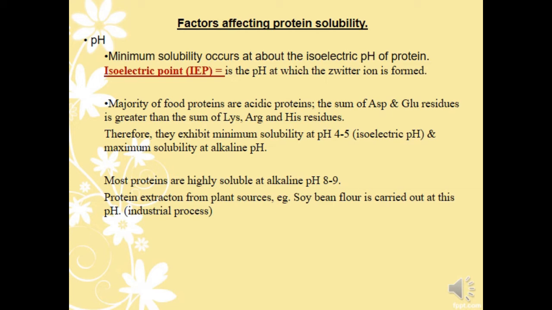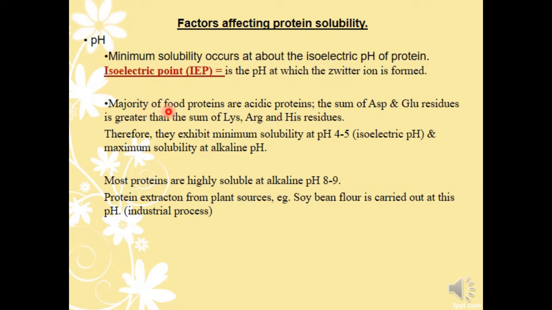Now proteins are soluble at all pH except the isoelectric pH, because at isoelectric pH the solubility is minimum. This is called the isoelectric point, where a Zwitter ion is formed, which leads to the minimum solubility of protein.